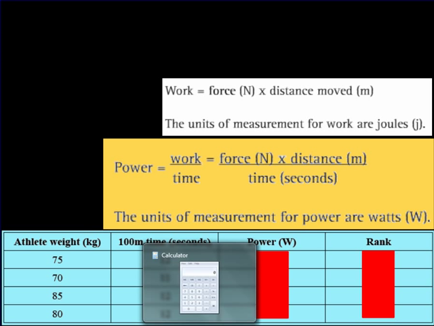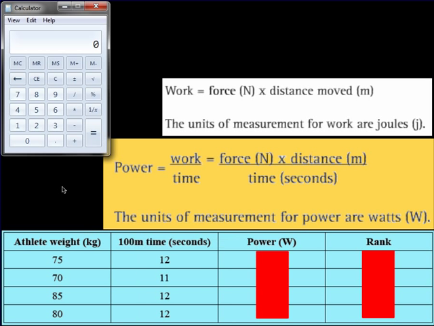Now I said it's not a maths exam, but this is one of those occasions when they could require you to do some simple mathematics. So let's try and use the numbers that we've got in the table here to come up with the power for each of the athletes over that distance in that time and then rank it.